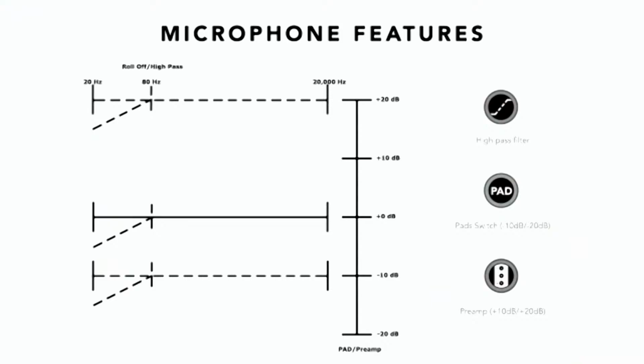This is a chart that I actually went ahead and just made myself because I got this question so often. So with a roll-off, if you look at the top left of that chart, you'll see that there's frequencies. We're not going to get too deep into that today. I just want you to know that the human ear can hear on average from 20 to 20,000. These are just what sound waves are measured in.